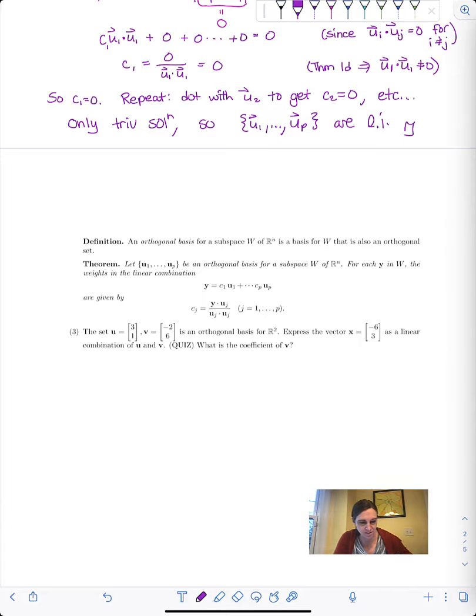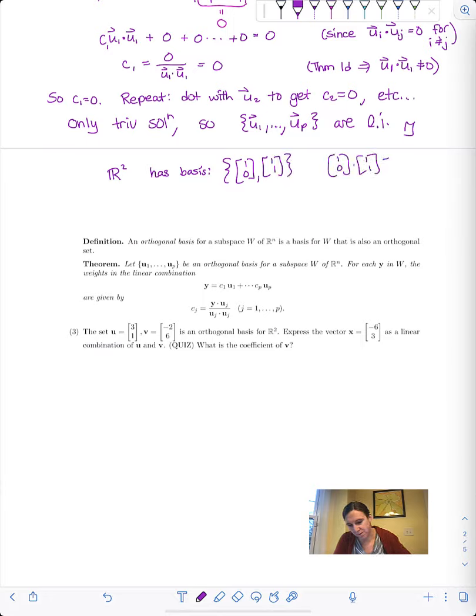For instance, R2 has lots of different bases, but one example would be the basis (1, 0) and (1, 1). Those are not orthogonal because (1, 0) dot (1, 1) equals just 1. So not every basis is orthogonal, but the ones that are are nice.